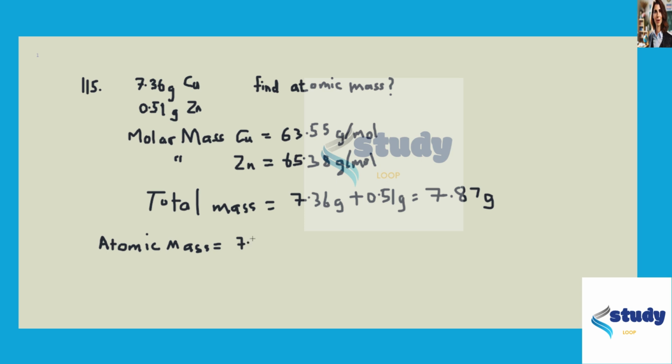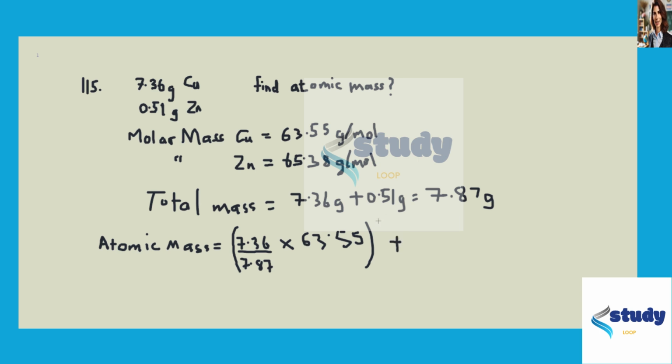We have 7.36, and we'll ignore the units until the final answer. So 7.36 grams, and the total mass is 7.87. That's the ratio of copper present in this sample. Since it's copper, we then multiply by the molar mass of copper, which is 63.55. That should give us the contribution of copper to the atomic mass.